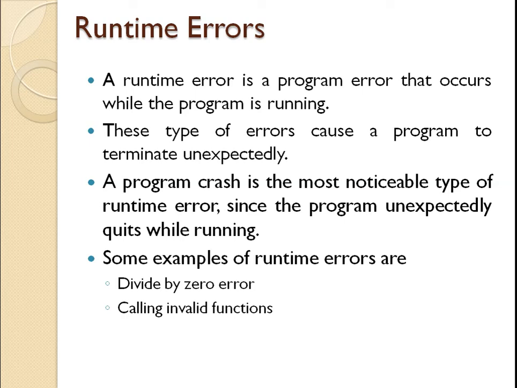The user enters the value of b as 0, then this is a runtime error. You are not expecting the user to enter 0. Okay, and the second example is calling an invalid function. If you are naming some functions incorrectly, this is also a runtime error.